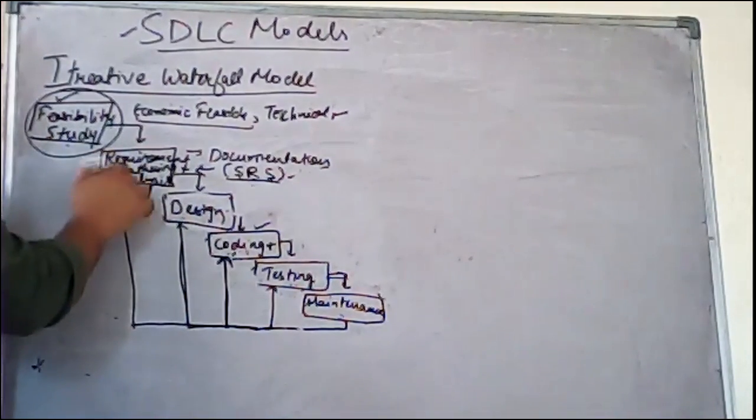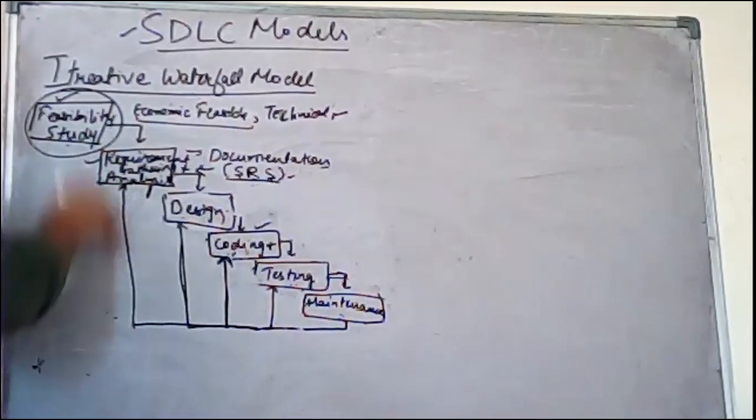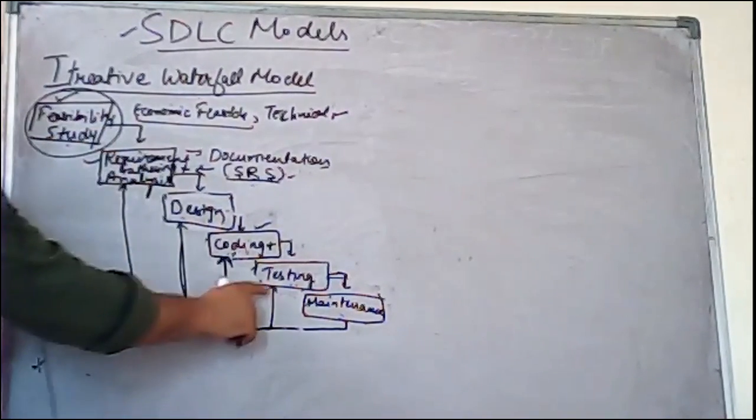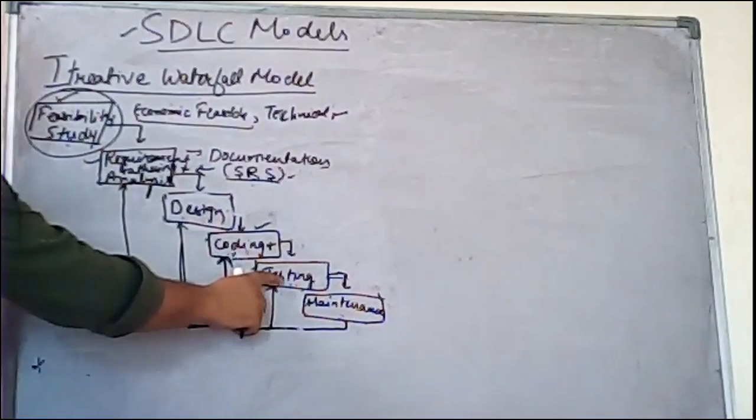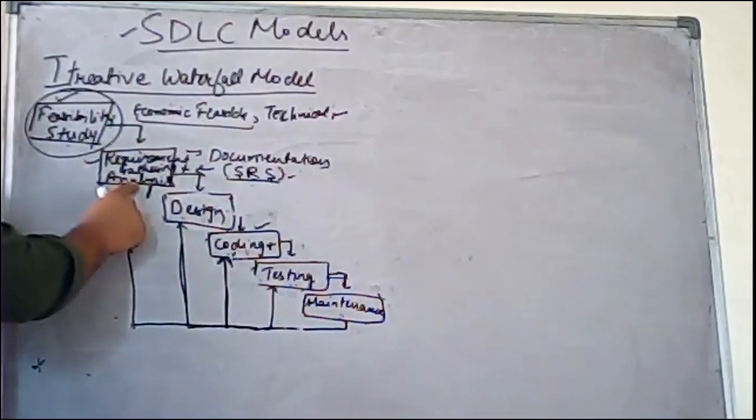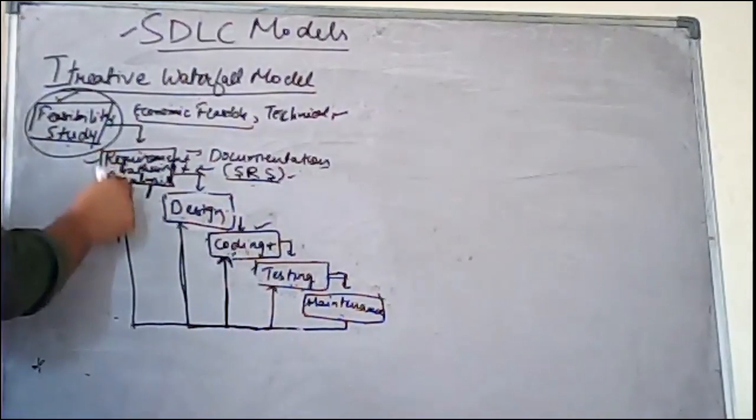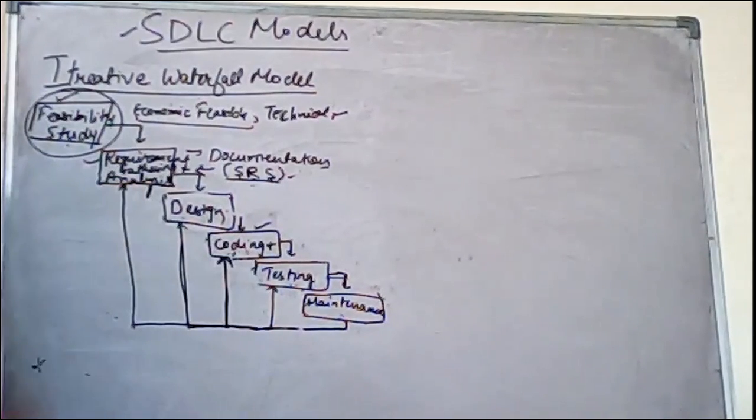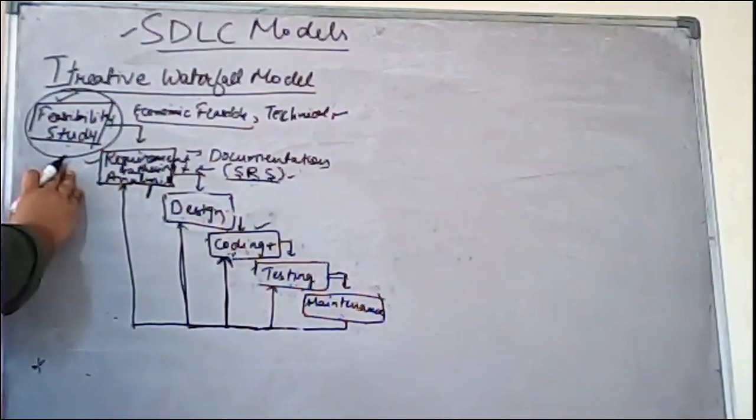If there is any problem in requirement analysis, then there is feedback. If the testing team faces a problem related to requirement gathering and analysis, they will backtrack directly to requirement analysis. But there is no iteration or feedback in the feasibility study. No feedback can be given to it.